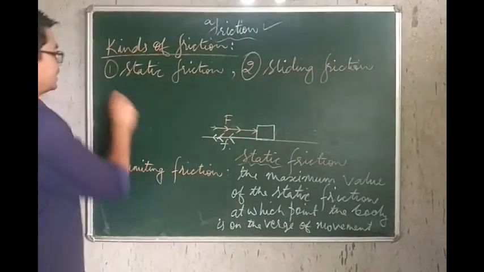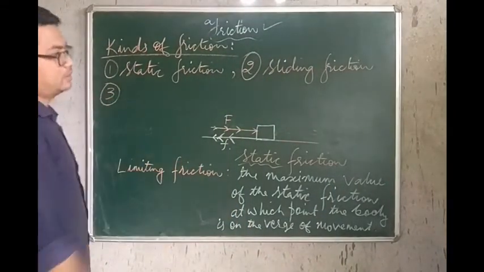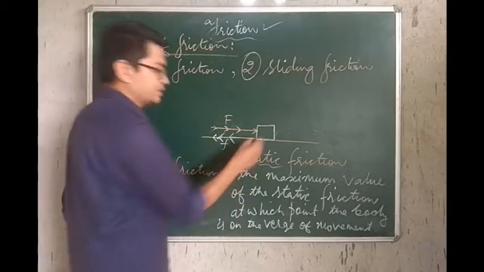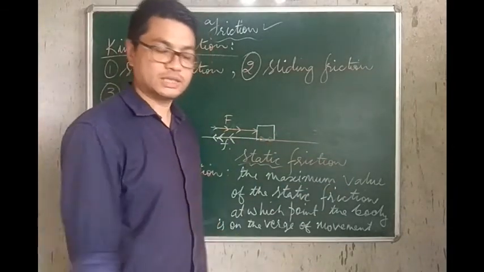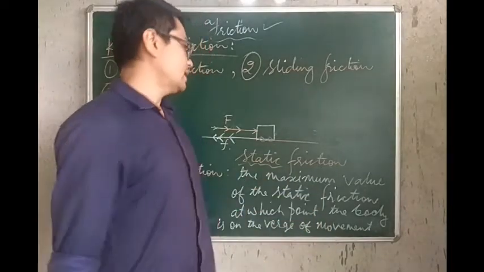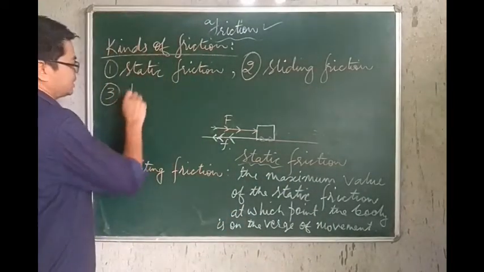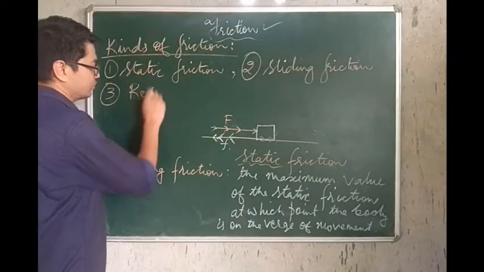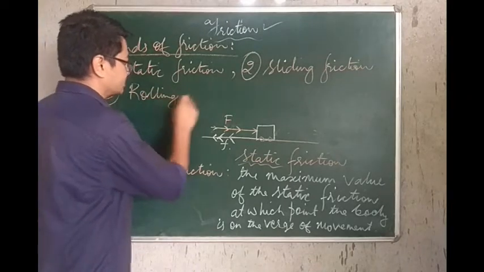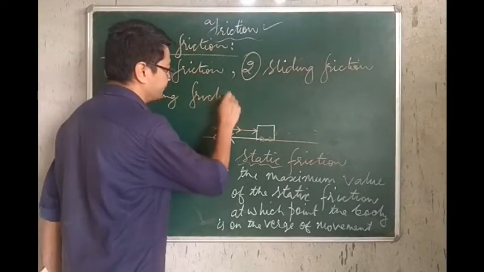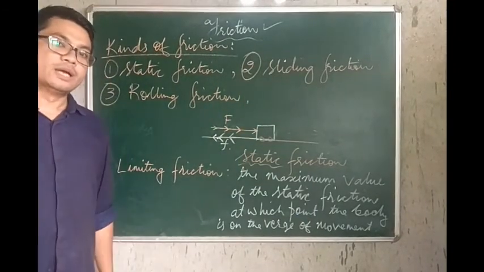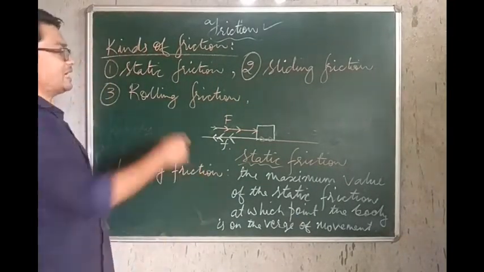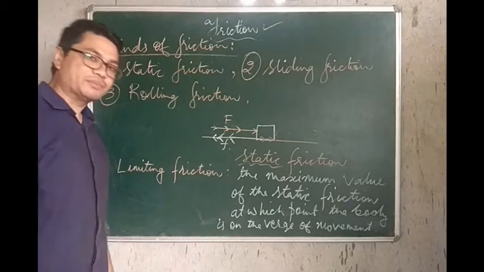And the third kind of friction, if this body had wheels, then the body would not of course slide, it would roll. And therefore, the friction that comes into play when a body rolls over the surface of another body is called rolling friction. So these are the three kinds of friction, remember.